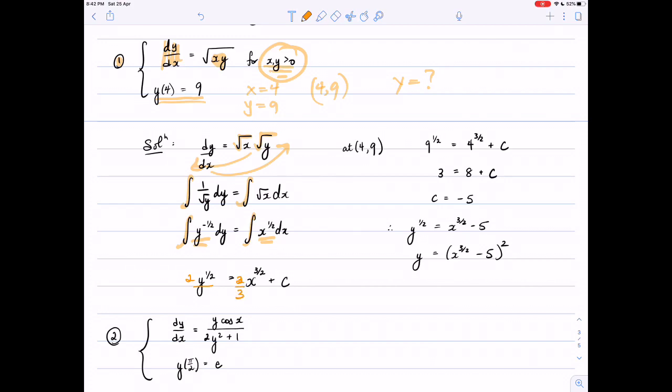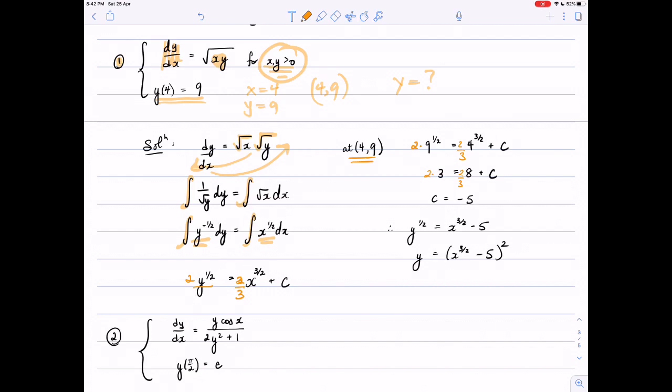Now we have to use these conditions. This condition here, that when x is 4, y is 9. So let me add in what we are missing here. We have 2 times 9 to the 1/2 is 2/3 times 4 to the 3/2. So we're going to have 2 times 3 is 2/3 times 8.